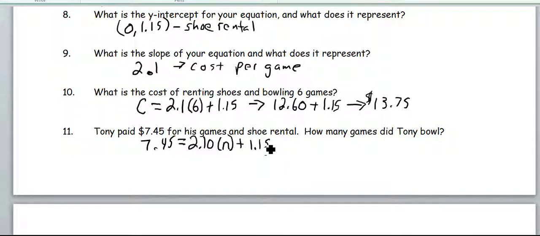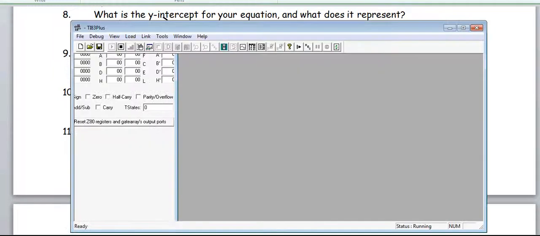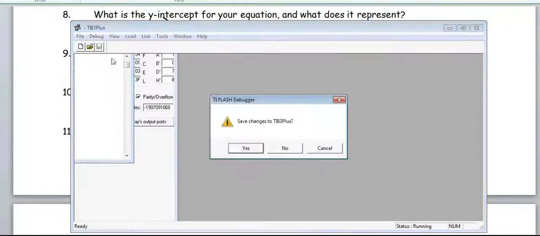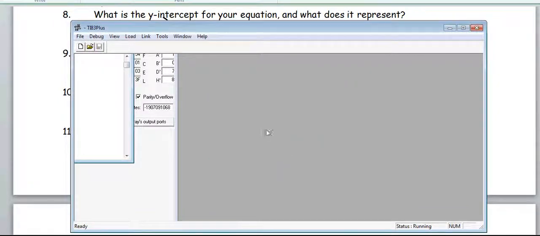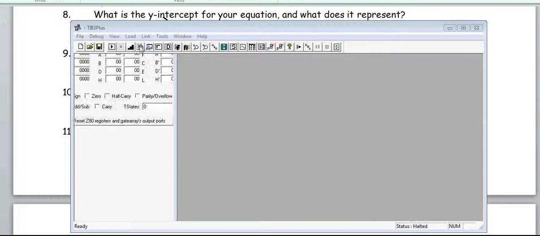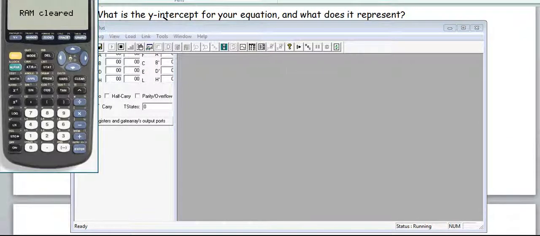All right, let's go back to our calculator and see if we can figure this out. We can figure this out mathematically, but let's put this into our calculator and see what we come up with. So let's get a new calculator session going, and we're going to plug this in.